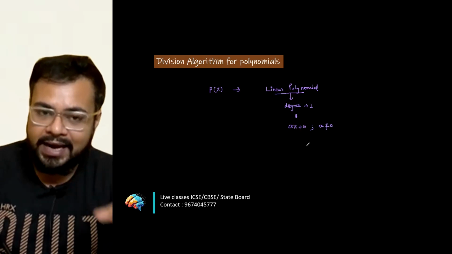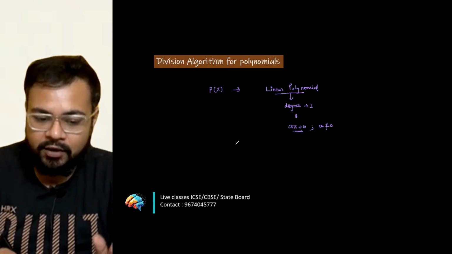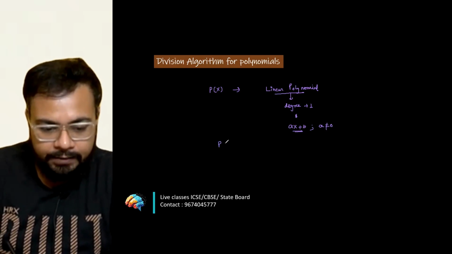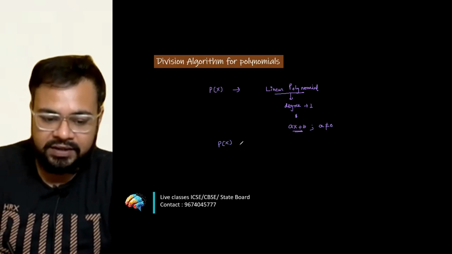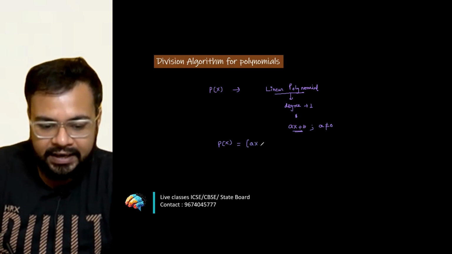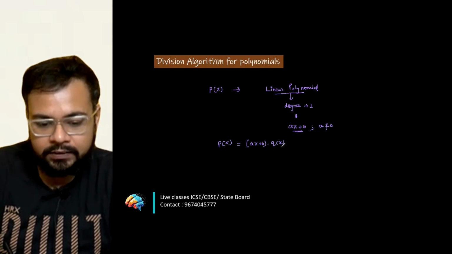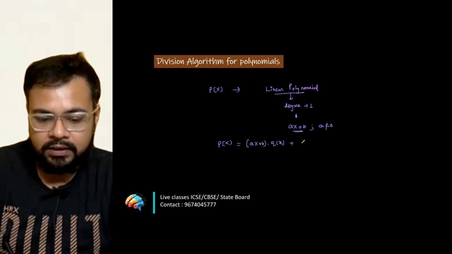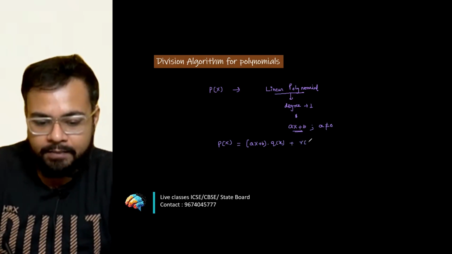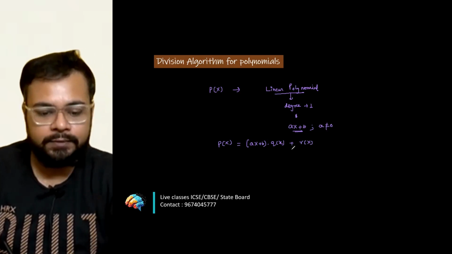When any polynomial is divided by this kind of thing, try to understand. Following the division algorithm, p(x) would give you the divisor, that is ax plus b, into q(x), plus some remainder r(x). That's fine. We have understood up to this.